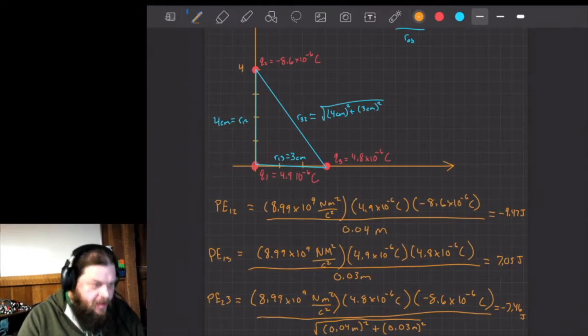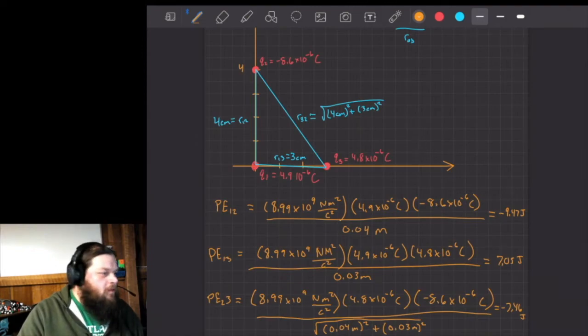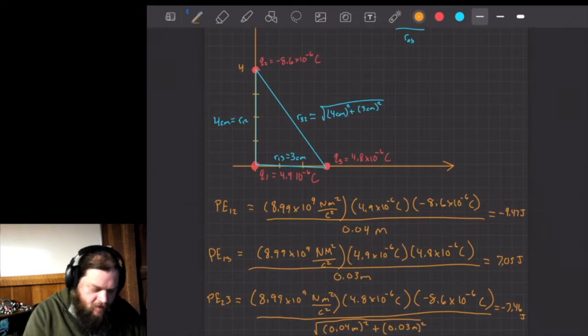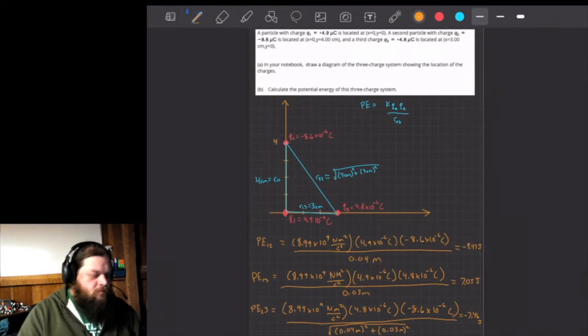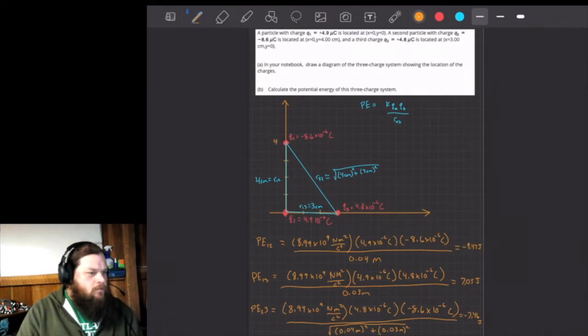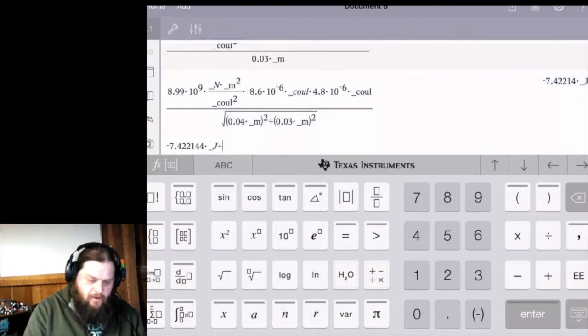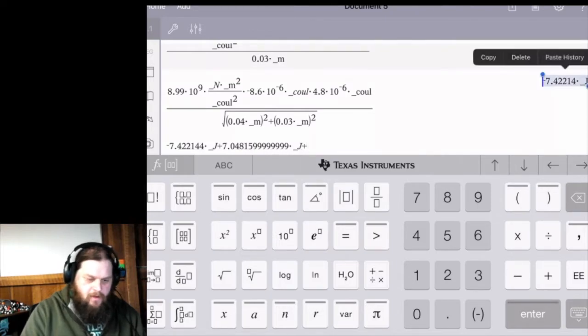Now we should be able to add up all of these and get the value of everything. So if we sum up those three values, we should get the right potential energy for everything. So doing that, we have this value plus this value plus that value.